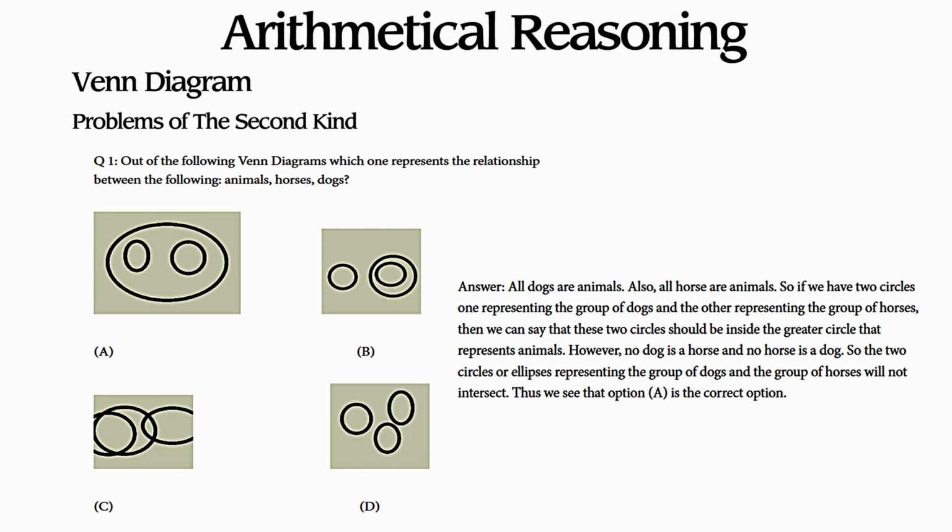However, no dog is a horse and no horse is a dog. So, the 2 circles or ellipses representing the group of dogs and the group of horses will not intersect. Thus, we see that option A is the correct option.